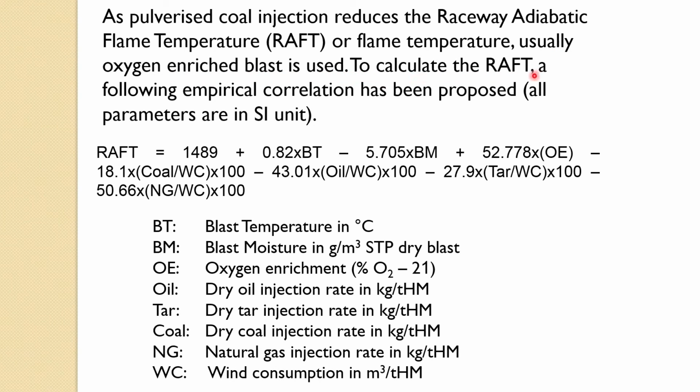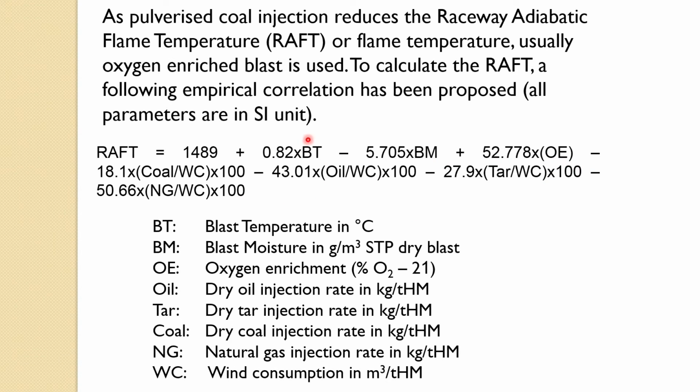To calculate the RAFT, which is the short form of raceway adiabatic flame temperature, the following empirical correlation has been proposed, and all the units are in SI. Because this is an empirical correlation, there is no theory behind it. With many experiments, people have proposed this relation.